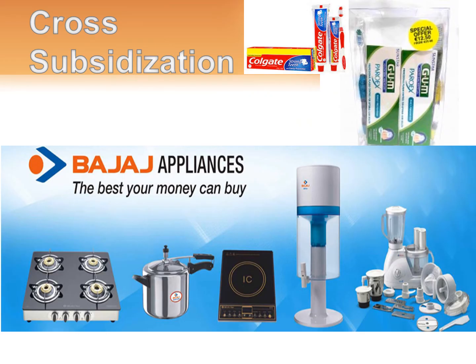The next method under strategy based is cross subsidization. Under this, the same brand creates different kinds of products, where one product has high demand and the other product has less demand, as we already said in the previous slide.